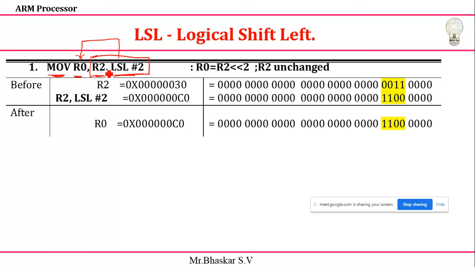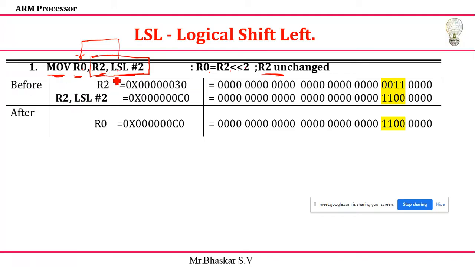Just the R2 value shifted left by 2, the result I need to store in my R0. After that the R2 value is unchanged. See, R2 will be shifted and stored, but R2 itself will be unchanged. This point you should keep in your mind.